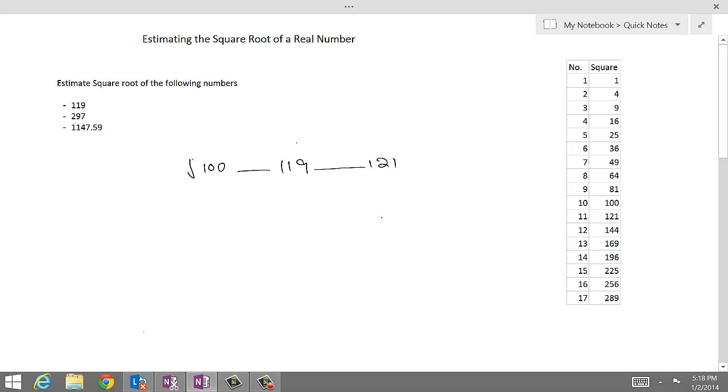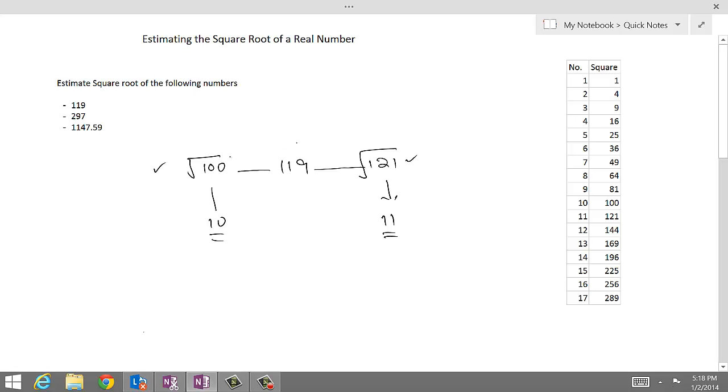What is the square root of 100? That's 10. What is the square root of 121? That's 11. If you have found these perfect squares, then these two integers must be consecutive integers.